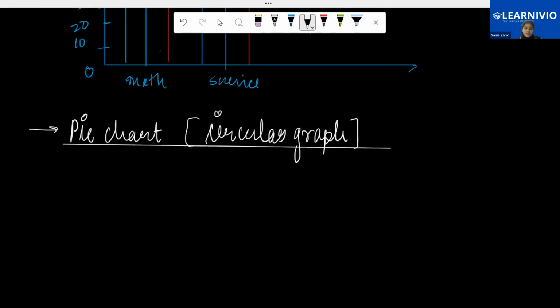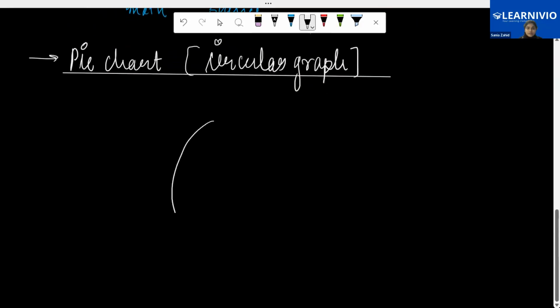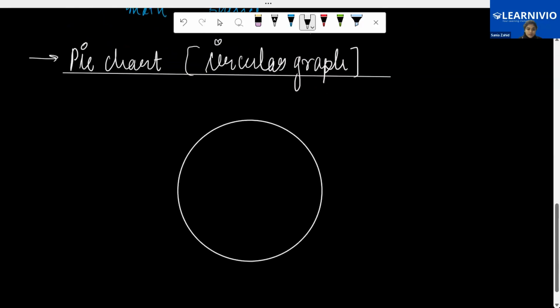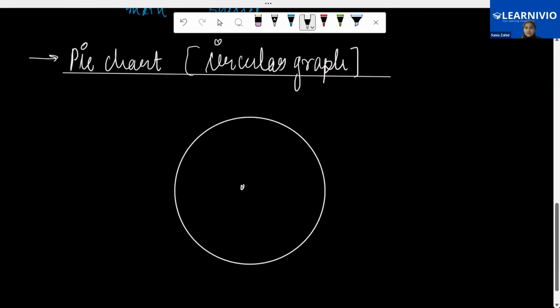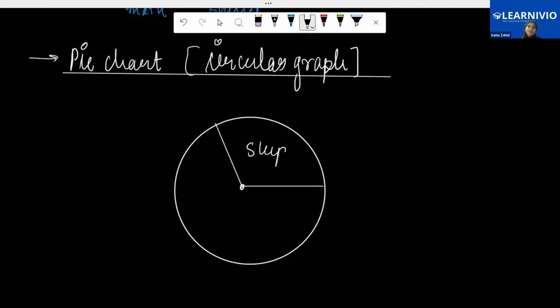Now, for example, this is the center point, and I am trying to study the schedule of a student, like how much time he is investing in all the activities of his day. So I see that he is investing 8 hours in sleep. Sleep is for 8 hours. I represent it like this.